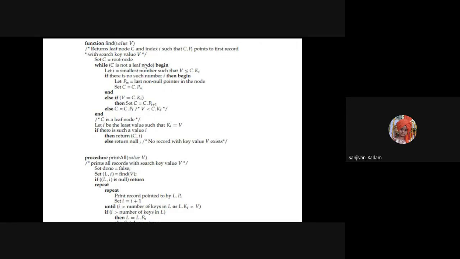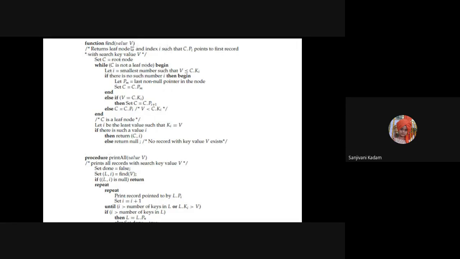Start from the root node, select left or right, and then again make the pointer to the same node. Consider this as the root, etc. Here, print all is a function used for displaying all the elements. Find is a function used for searching a particular value.